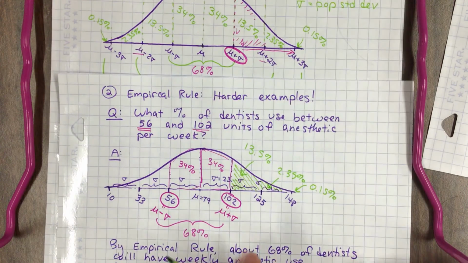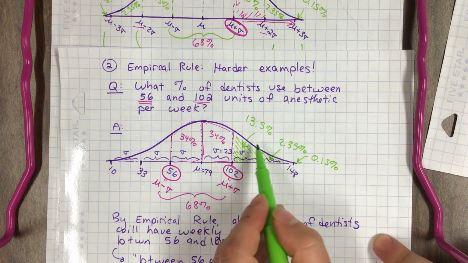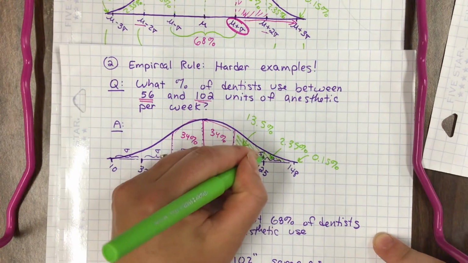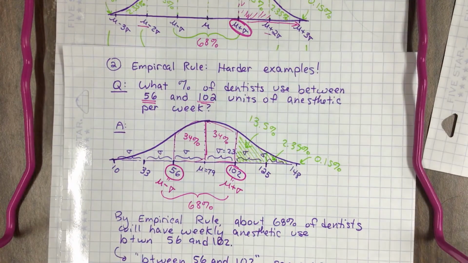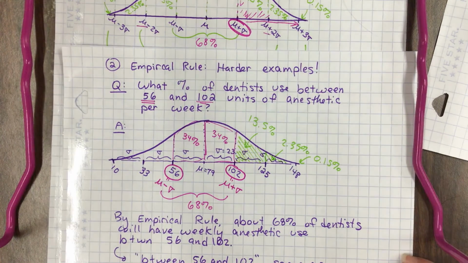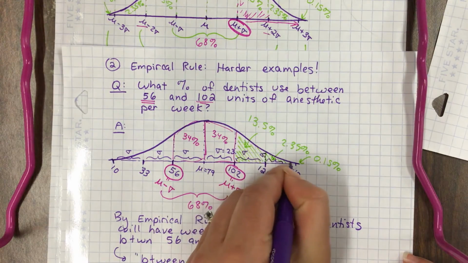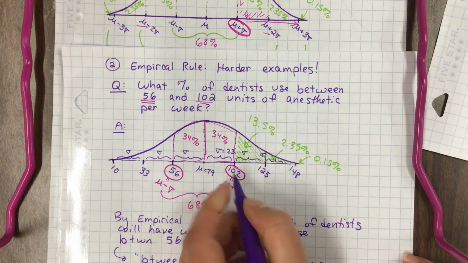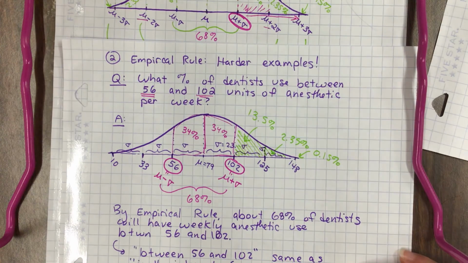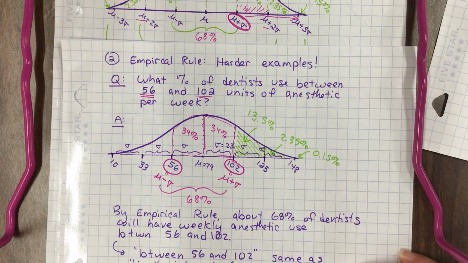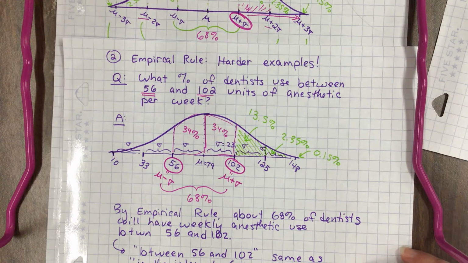If I take all those three numbers and add them all together, if I add together all of the areas that are to the right of 102, I get 13.5% plus 2.35% plus 0.15%, which adds up to about 16% of dentists.